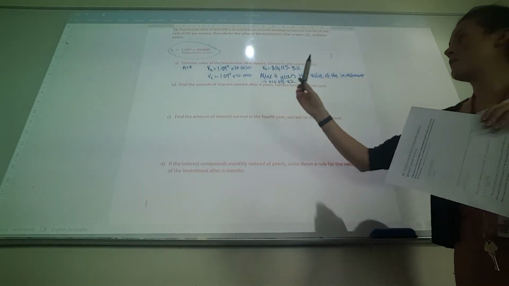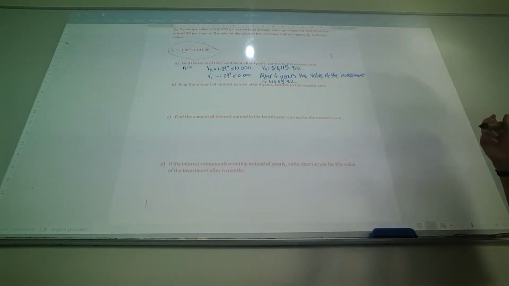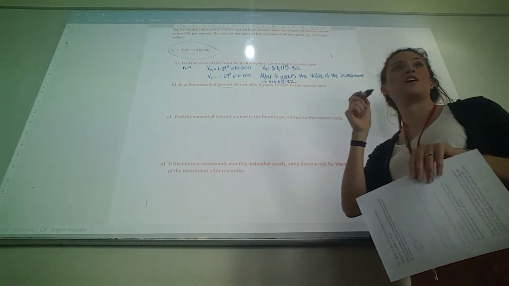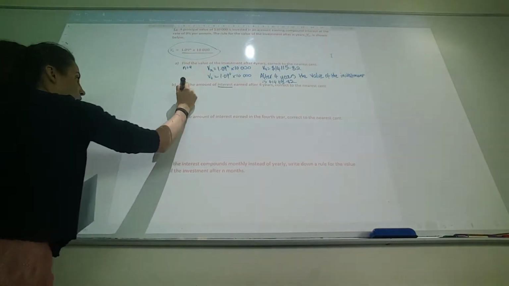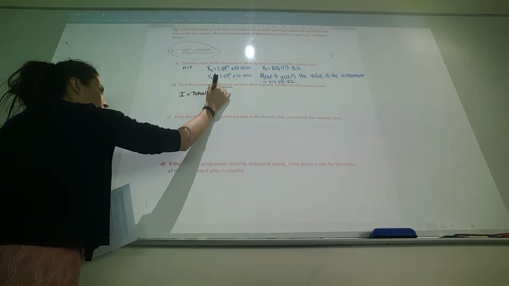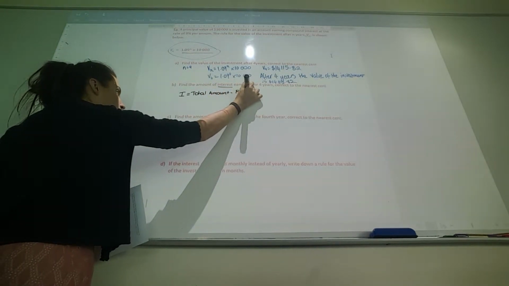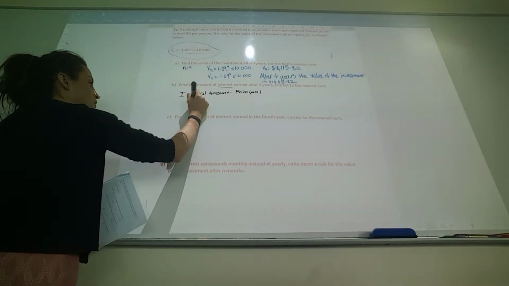Okay, so find the amount of interest earned after 4 years, correct to the nearest cent. So this is just finding how much interest have we earned. So that's why we need to use that little formula we just wrote down before. So our interest equals our total amount, take away the principal amount, so what we started with.